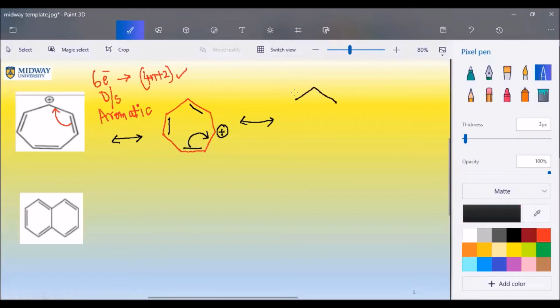It's always difficult to draw these multiple times, but once you keep drawing, I think you'll get used to it. Okay, it doesn't look perfect, but it's good enough. So let's get a different color, maybe a blue. This bond is not disturbed, it's there.